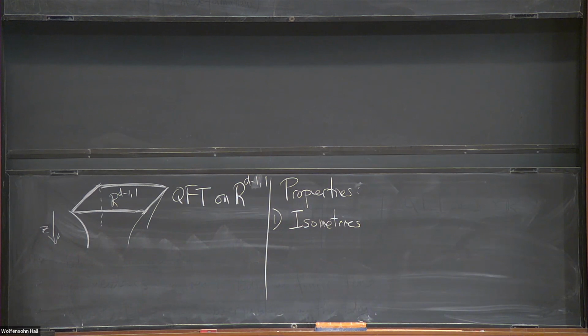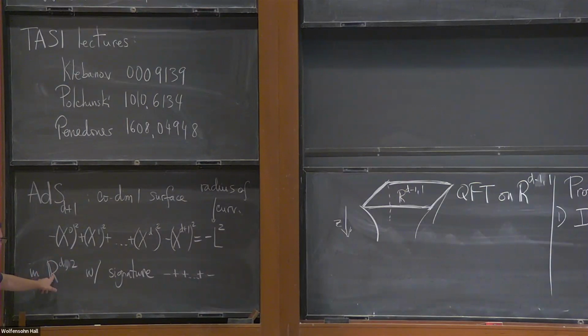If we make any Lorentz transformations in R^{d,2}, those would change the x coordinates, but this equation would stay invariant.